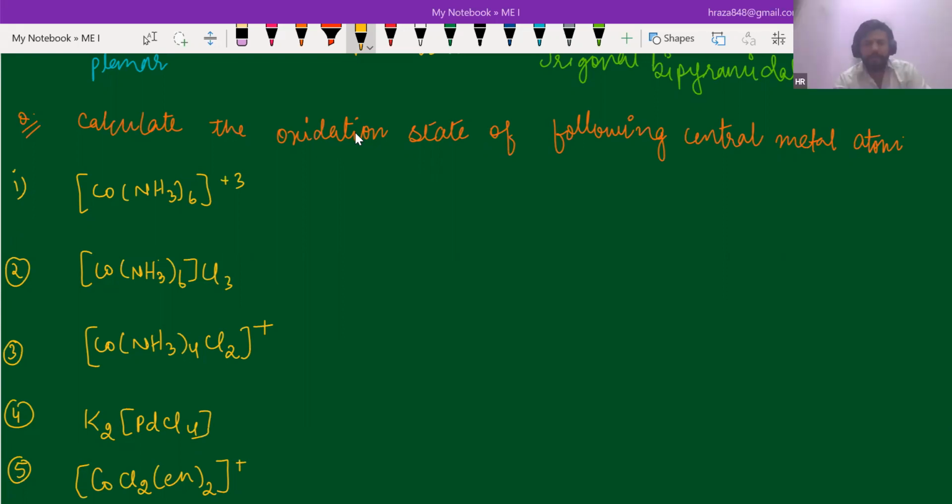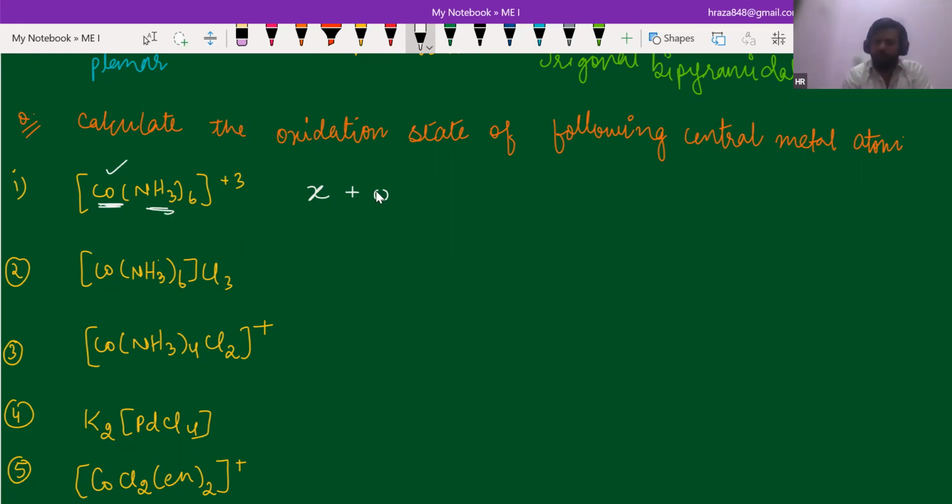Okay. See, we need to calculate the oxidation state of the central atom, and this is your central atom. In order to calculate the oxidation state of this, I'm going to take this as X plus NH3, as you already know. What is the charge on NH3? 0.